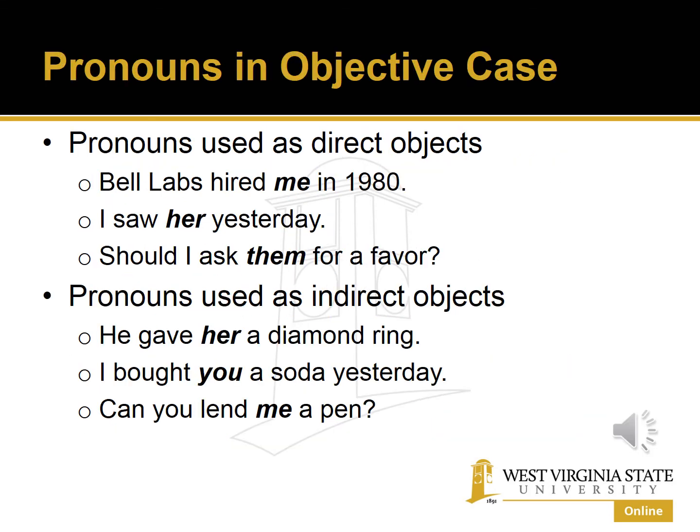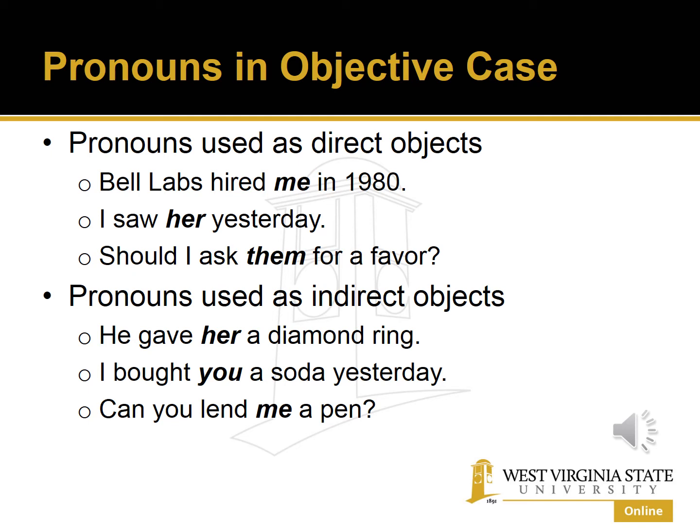Now let's look at some usage of the pronouns in the objective case. First off, if a pronoun is a direct object in a sentence, then it is in the objective case. Some examples. Bell Labs hired me in 1980. Me is the objective form, the objective case of the first person singular.